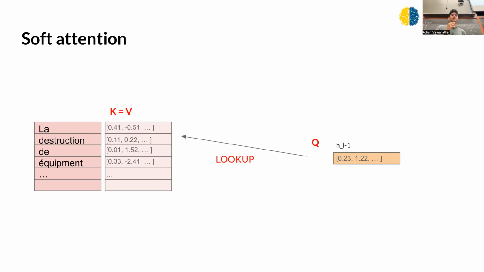We already have embeddings for each entry, you can think of it as a vector in our database. By doing some sort of comparison between our hidden state and our database, we can figure out which is the most similar and which one we want to give a higher weightage towards. We can do this using some sort of similarity metric, for example, a dot product.